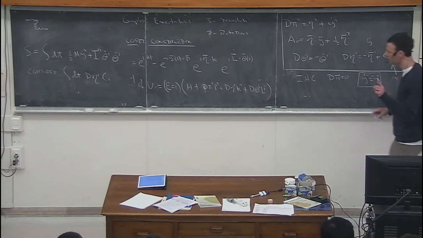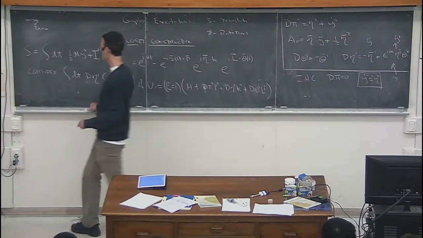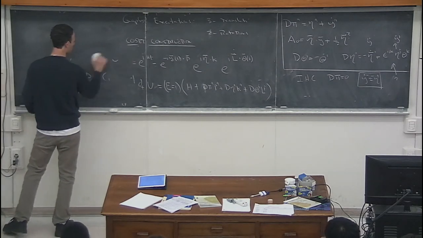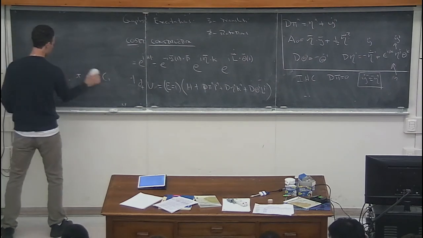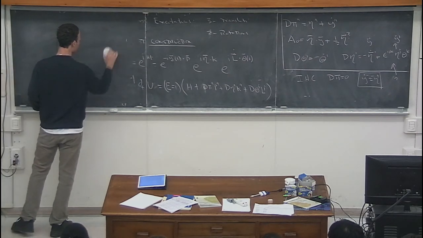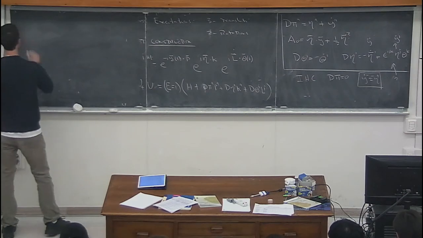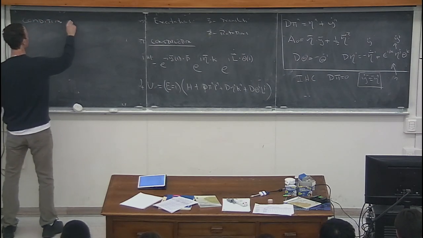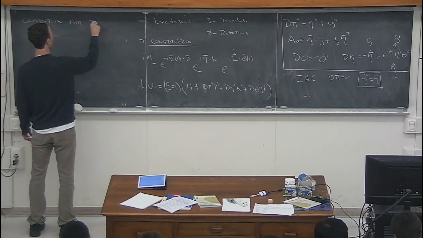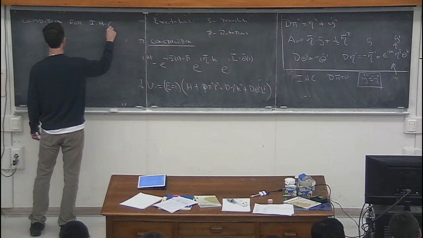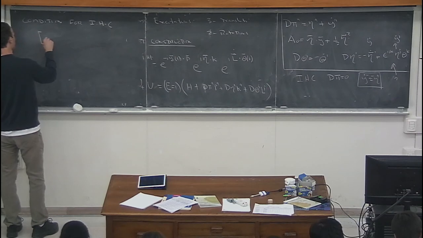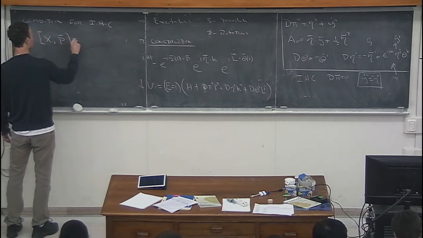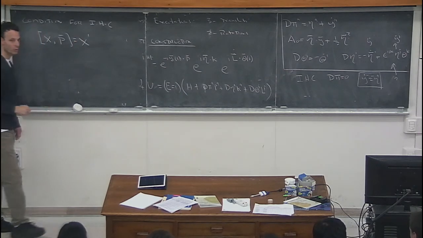But before we close today, I promised I would tell you when inverse Higgs constraints exist. The condition for an inverse Higgs constraint is that if you have a broken generator, its commutator with an unbroken translation gives you another broken generator.